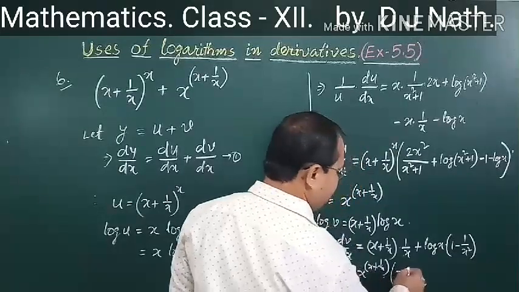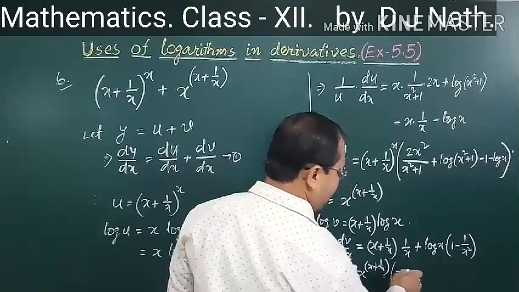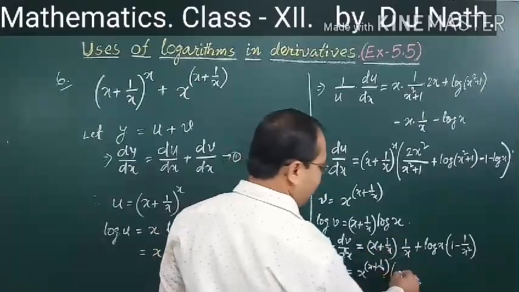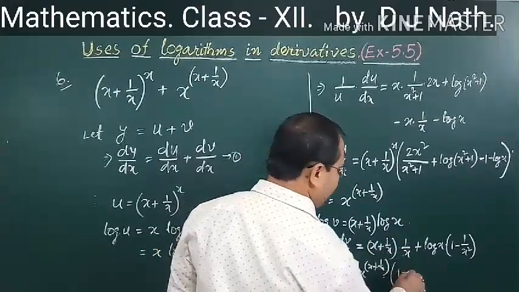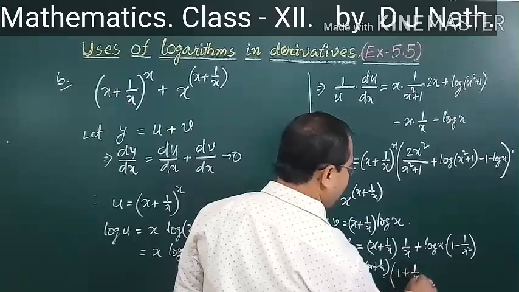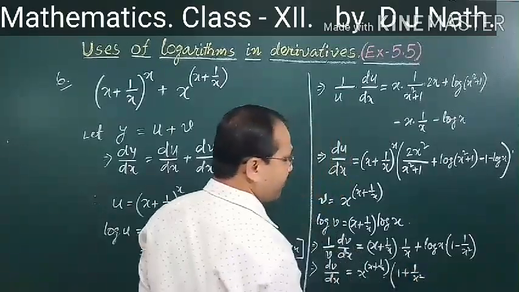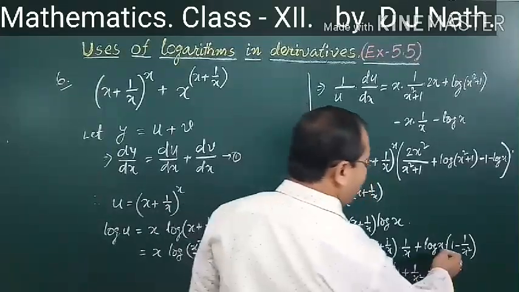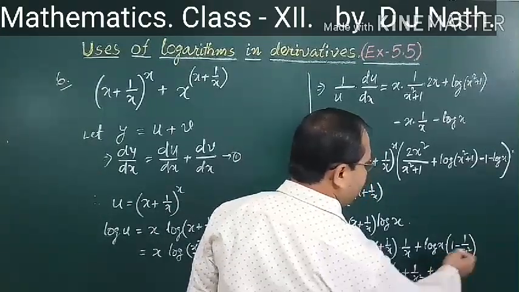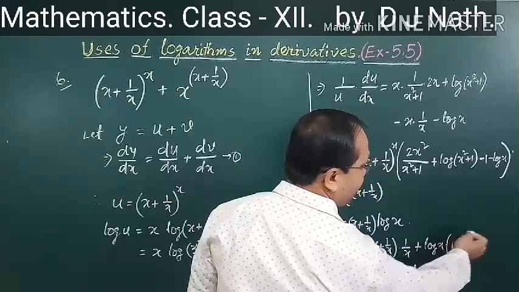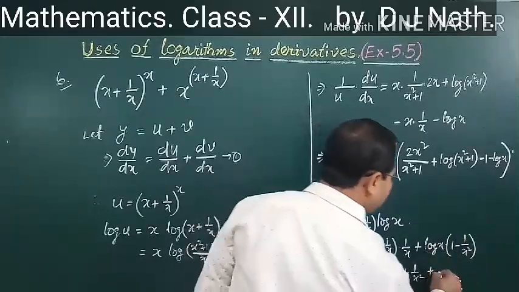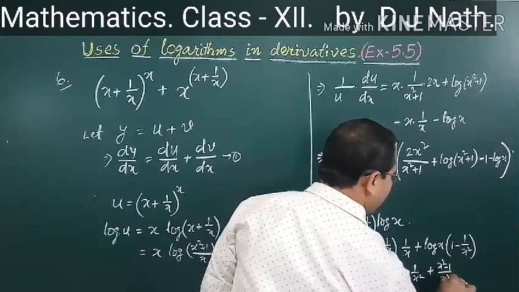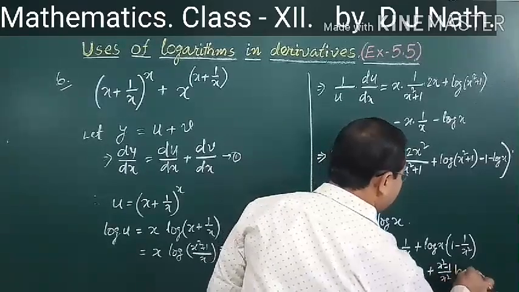You can write it that way also. See, x into 1 by x means 1, plus 1 by x square, plus log x. Here we can also write (x square minus 1) by x square into log x.